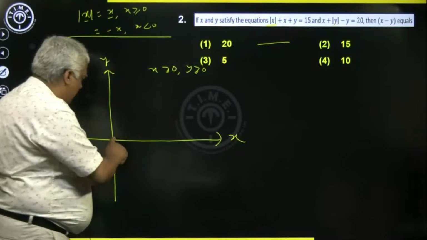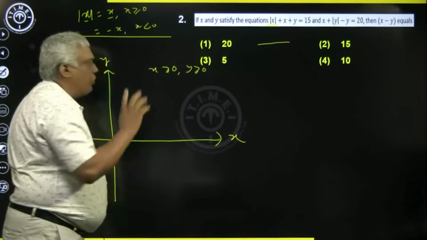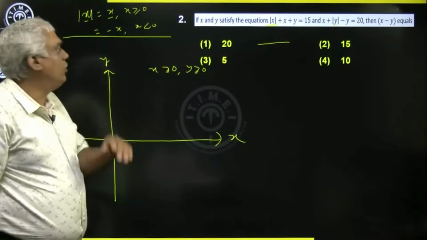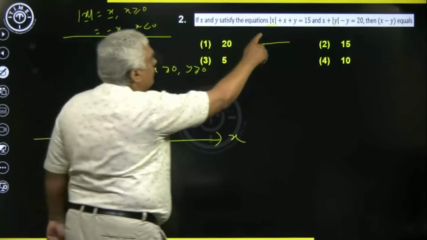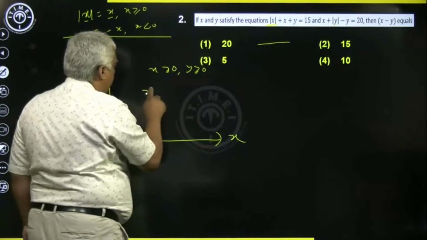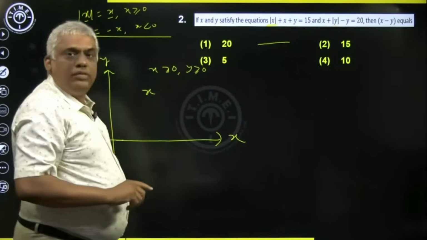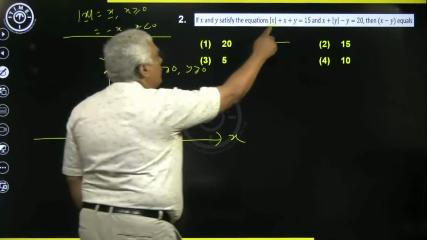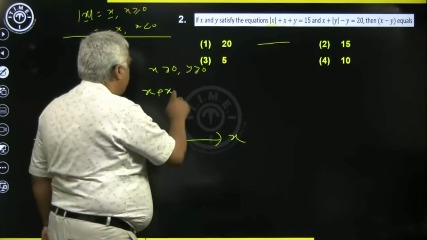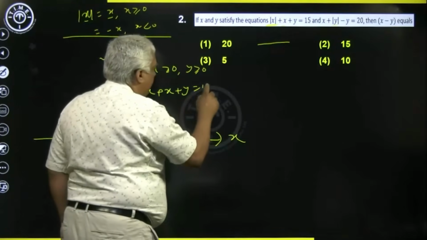So in that case, these boundary points are also included. Now let's see in this quadrant if we are getting any solution. In this quadrant, this equation with |x| will become x, so x plus x, plus y equals 15.